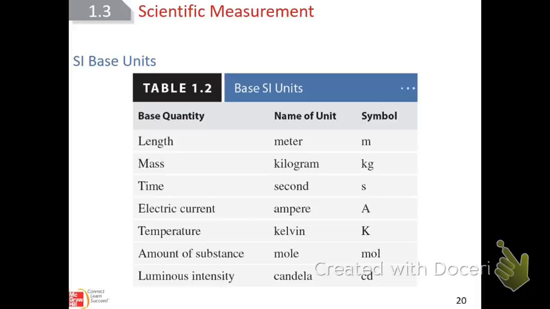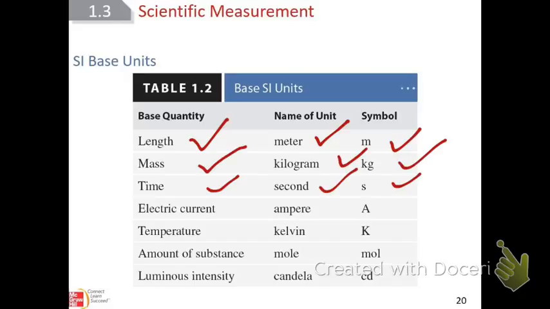The ones you will be responsible for are the base quantity, the unit and the symbol for length, for mass, for time, for temperature, and for the amount of substance. These are the ones that you will be held responsible for. You're good?